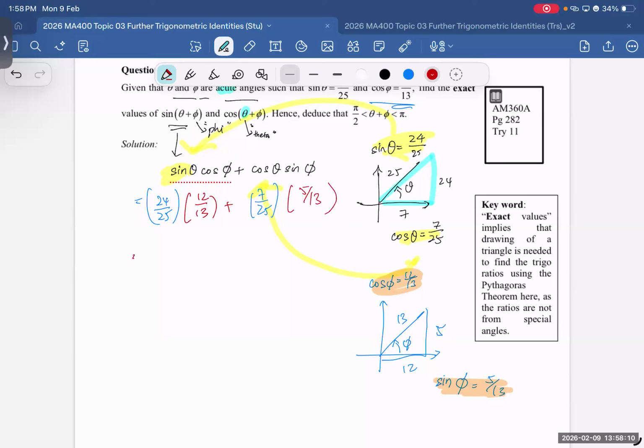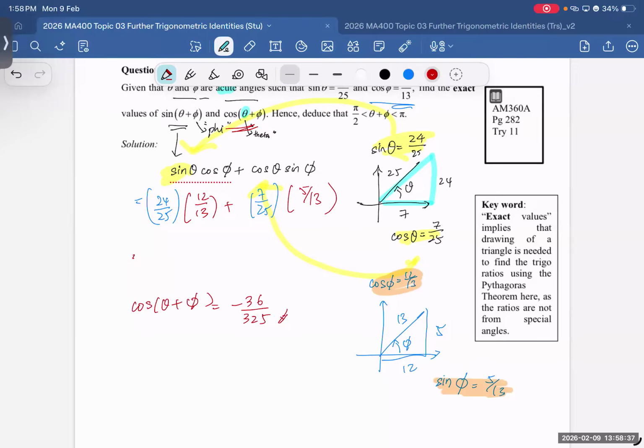From here, do you all know what to do? You do the same for cos of theta plus phi. You are going to get negative 36 over 325. I hope and I believe you can do it now.